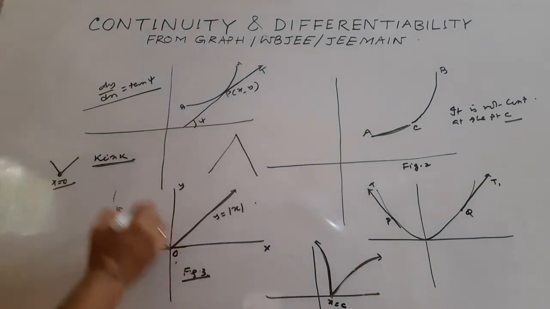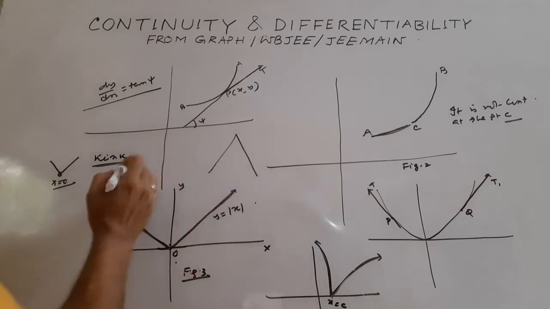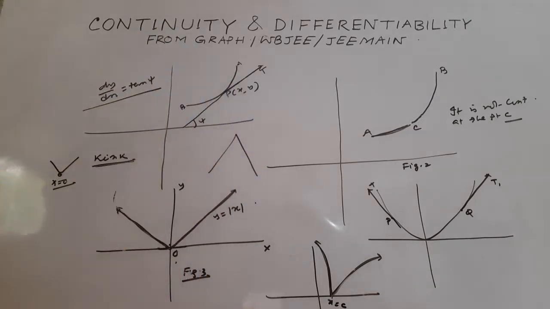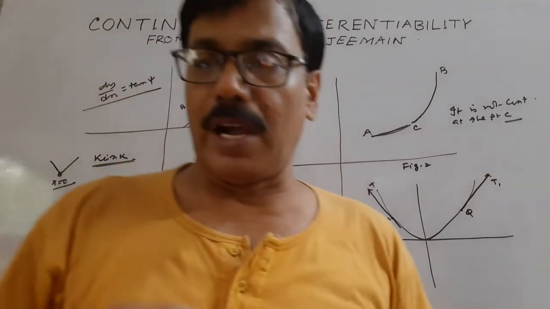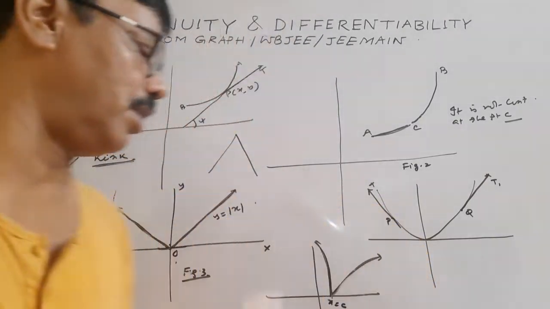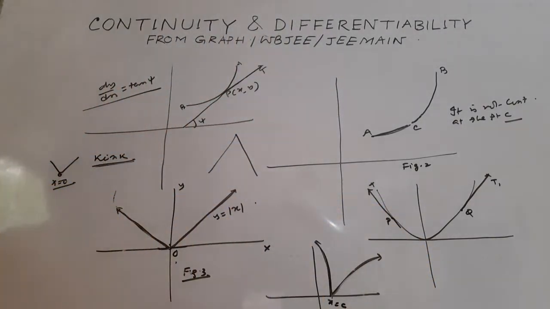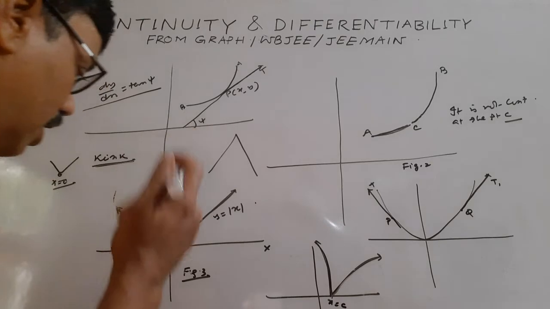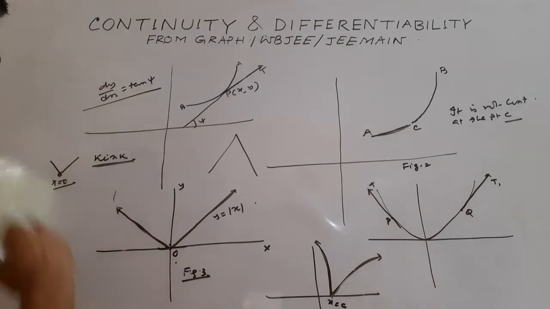Then we say you cannot draw a unique tangent. So the function is not differentiable at that point. If it is not smooth, it has a sharp edge.